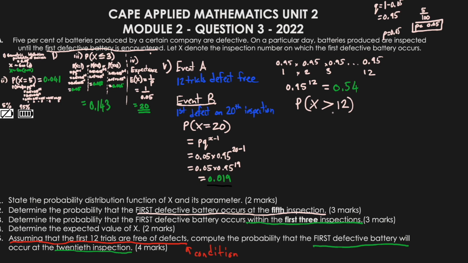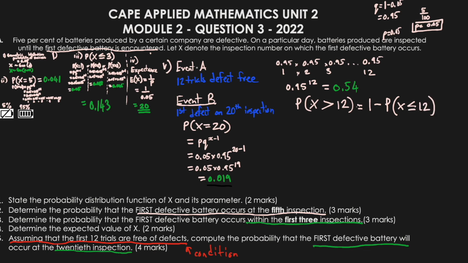It must start after the number 12, so it has to be more than 12. Now if we try to calculate this, we'll be here all day because we can go straight up to infinity. However, the alternate to doing this is figuring out what it is for when it's equal to or less than 12 and then subtracting that from 1. So another way of writing or solving this would be saying 1 minus the probability of x being less than or equal to 12.